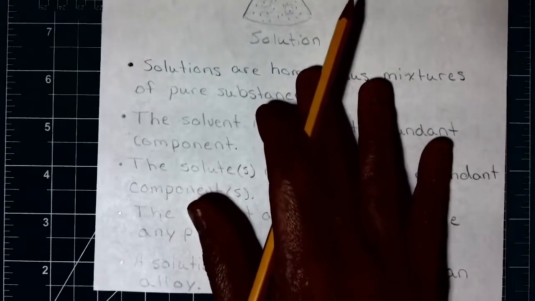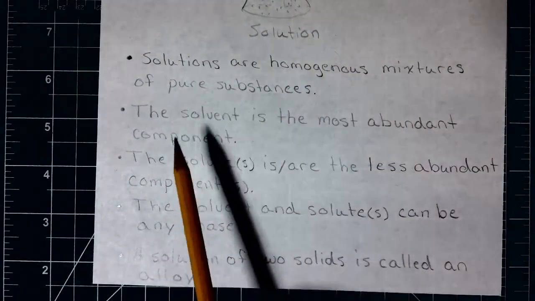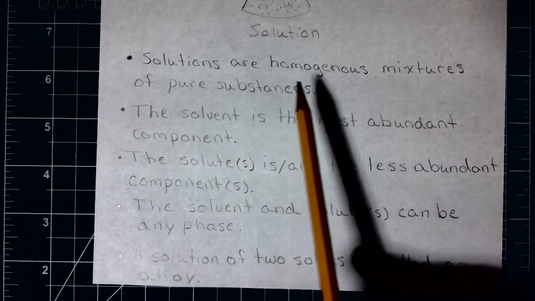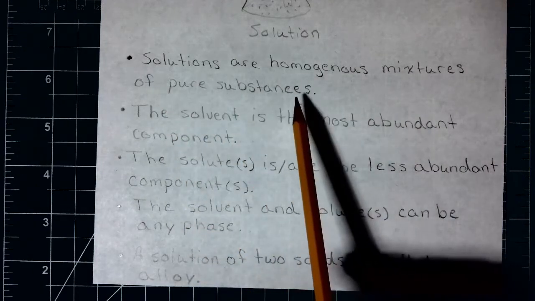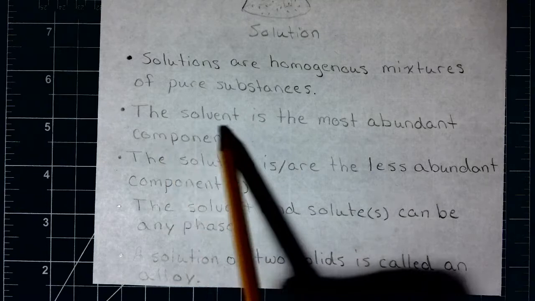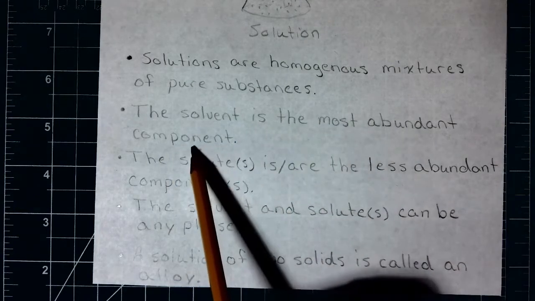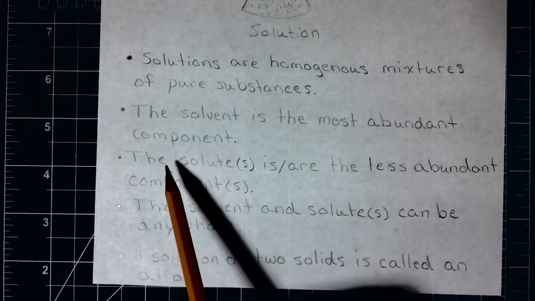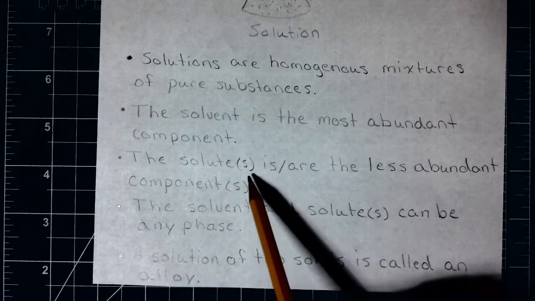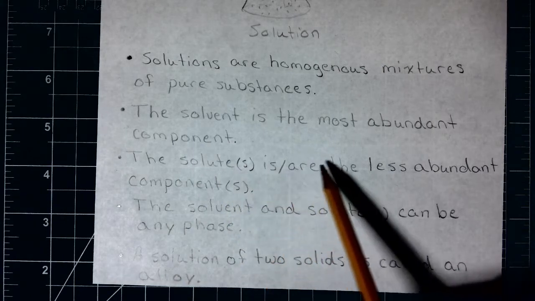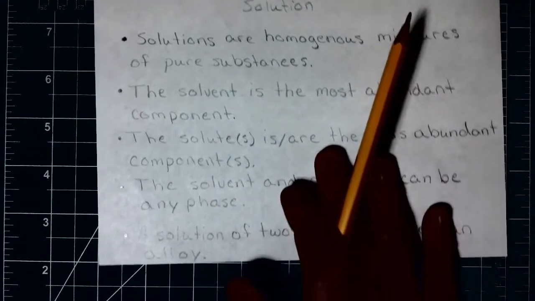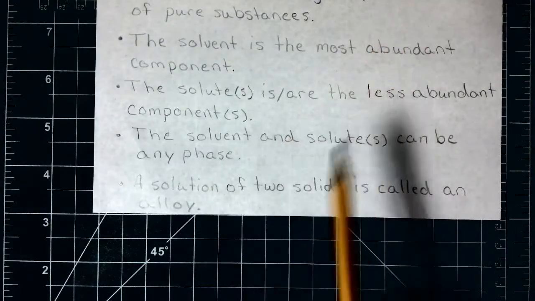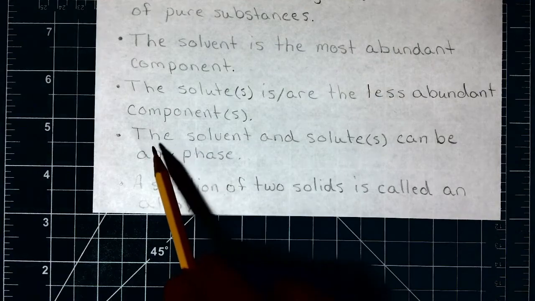So let's look at some of our facts around solutions. Solutions are homogeneous mixtures of pure substances. The solvent is the most abundant component in a solution. The solute, and there might be more than one of them, is the less abundant component. And this is important.